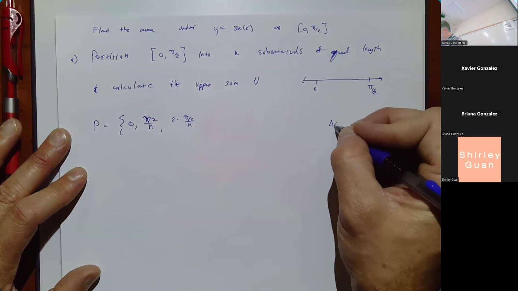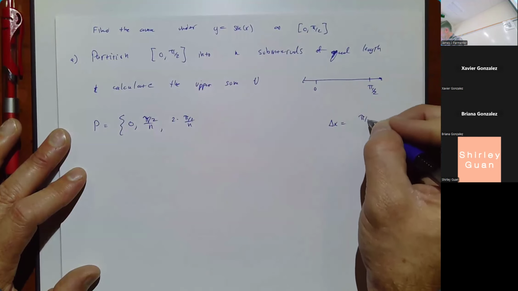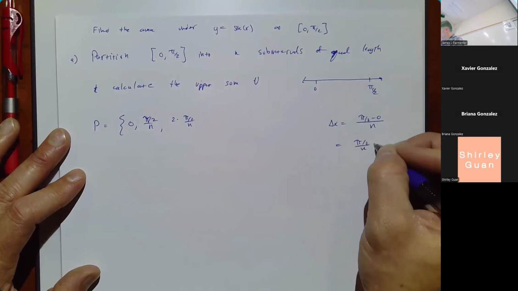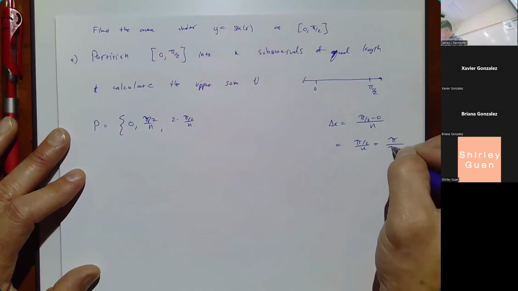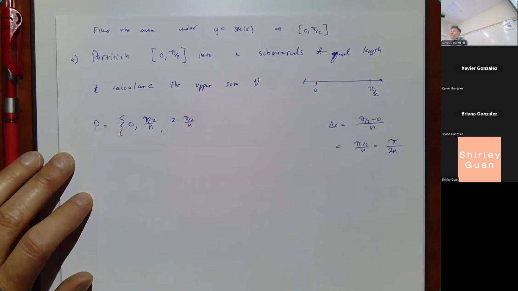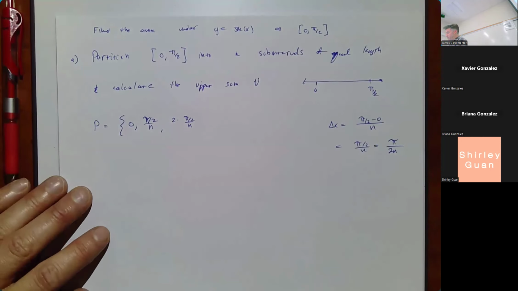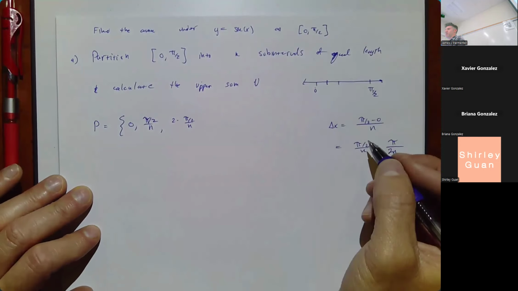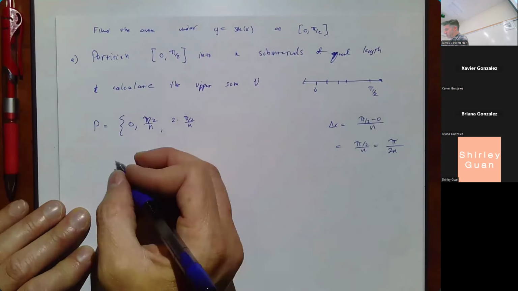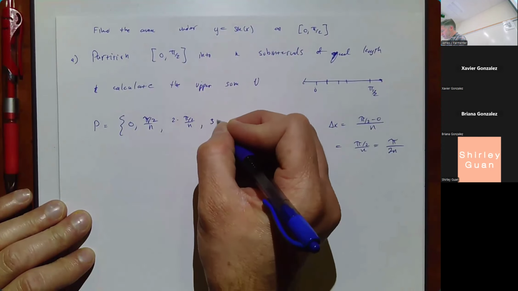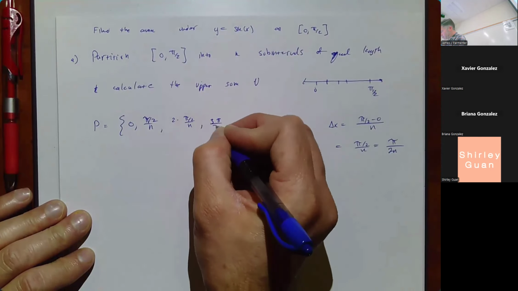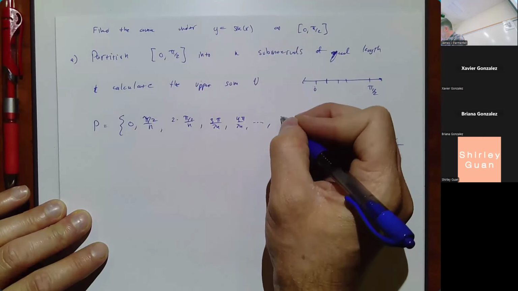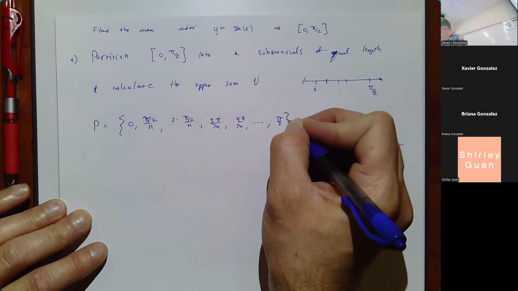So our delta x is just pi over 2 minus 0 divided by n, which is pi over 2 over n, or more simply pi over 2n. And then your partition is just all of your endpoints. So 0, and then pi over 2 over n, 2 times pi over 2 over n, and 3 times that. So we can write our partition as this, all the way to the last one, which is going to be your pi over 2.